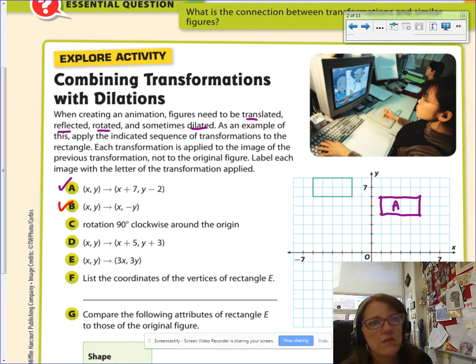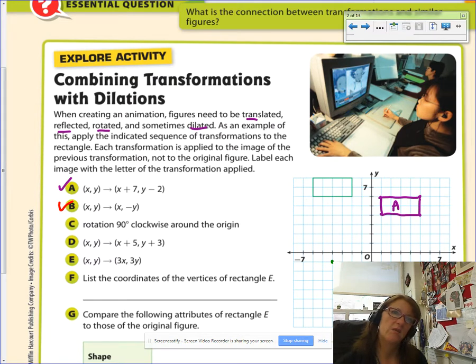So let's take this first corner on your rectangle. Right now, this is at 1, -4. Okay, when you turn it 90 degrees clockwise, what's going to happen is now it looks like it's at -4, -1, 2, 3, 4, like this.